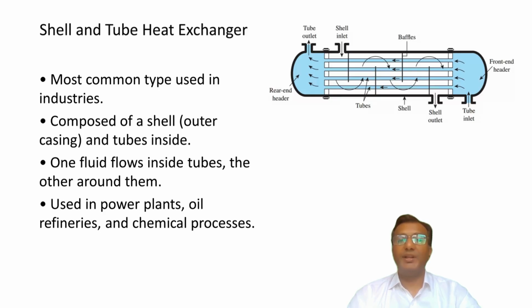Shell and tube heat exchangers are durable and can handle fouling, though they are bulkier than other types. Understanding their operation is crucial for optimizing industrial processes where large-scale heat transfer is needed. Next, we will explore plate heat exchangers, known for their compactness and efficiency.